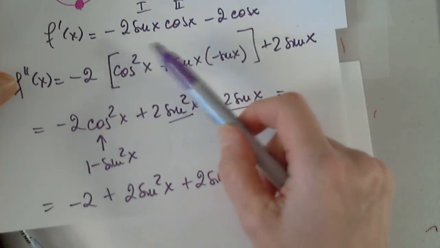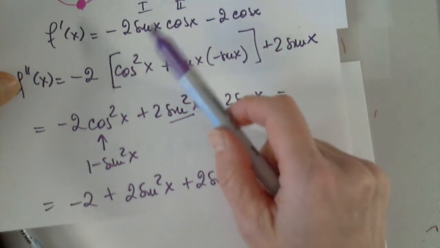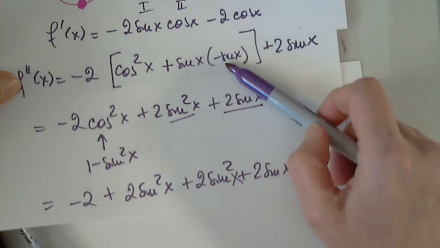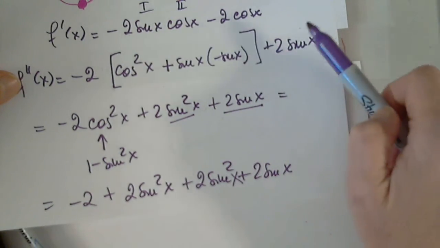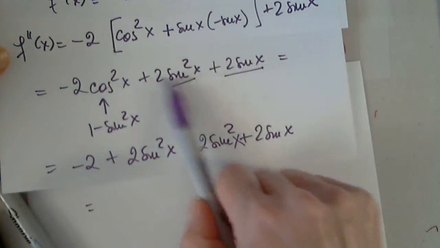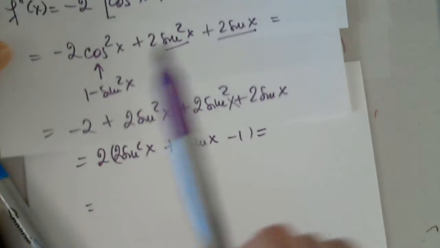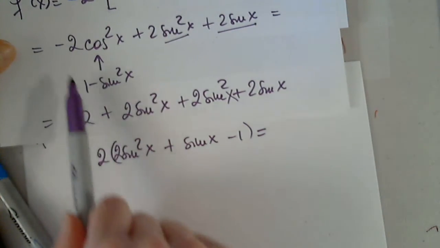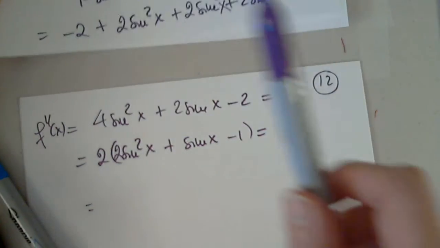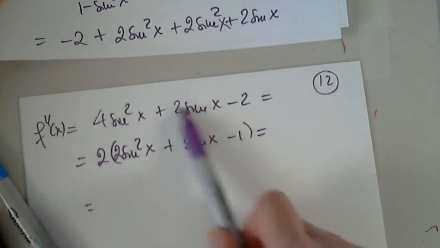But now let me just check my calculations. Negative 2 sine prime is cosine times cosine. That was okay. Sine cosine prime was this. Cosine prime is negative, yep. So negative 2, that's correct. This was positive 2 sine squared plus 2 sine x. Yes, I distributed here was negative and here was positive, positive, positive. Okay. So 4 sine squared, yes. 2 sine squared minus 2.